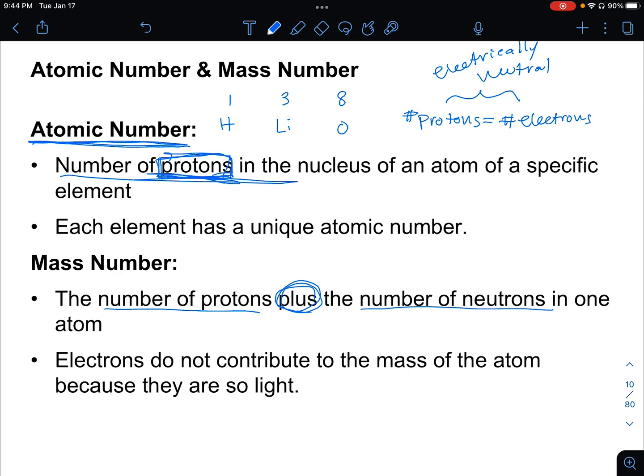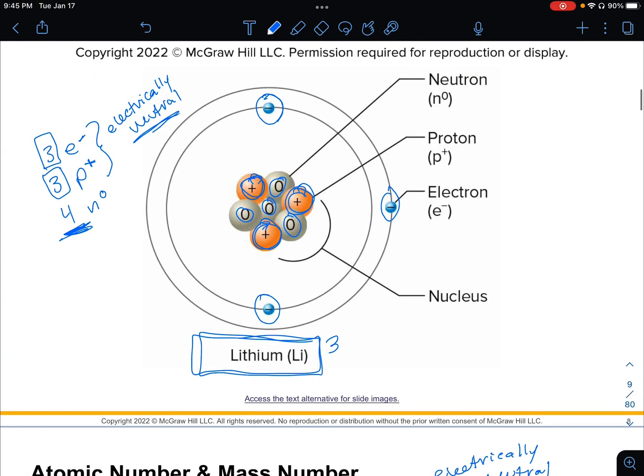So if we talk about the atomic number and the mass number of lithium as a normal element, it probably has 3 electrons, 3 protons, and 3 neutrons. And this is going to have an atomic number and a mass number that are going to be equal for the electrically neutral element.